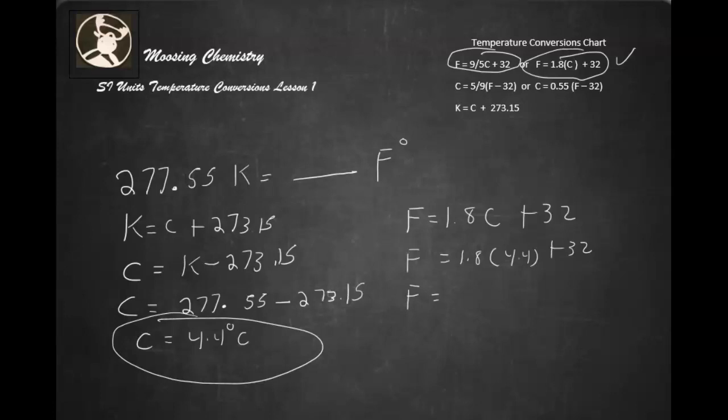So F is going to equal, I get roughly 7.92, which is 8, plus 32. So F is going to give me 40 degrees Fahrenheit.